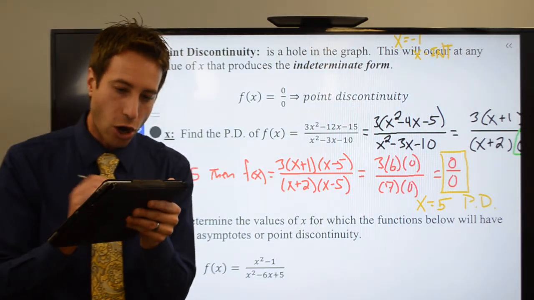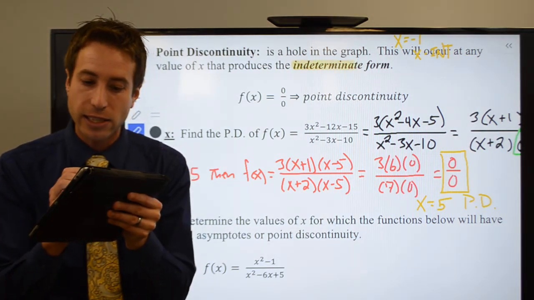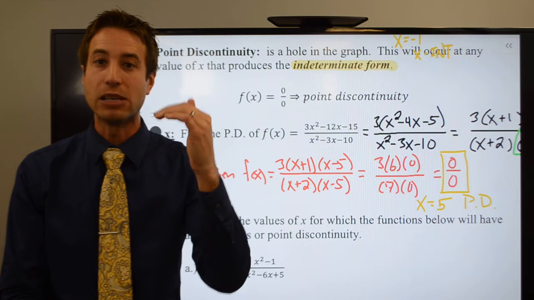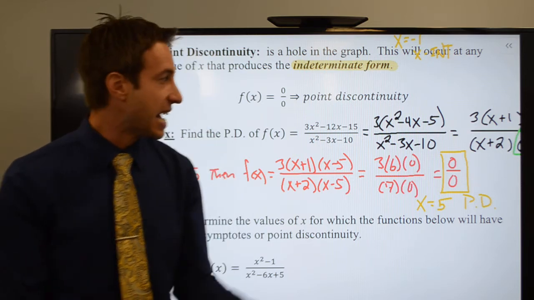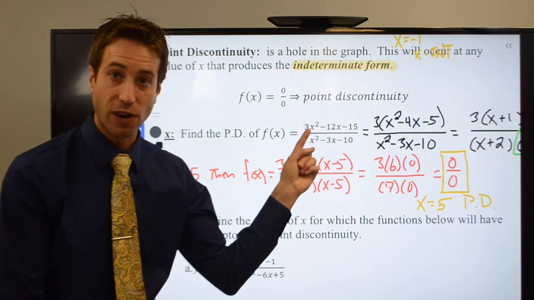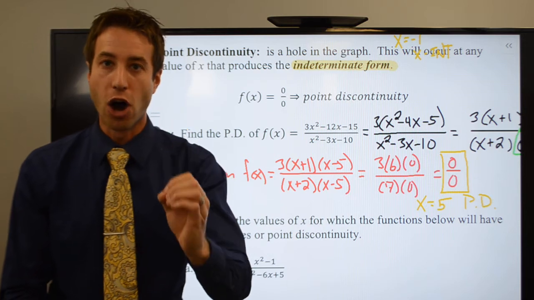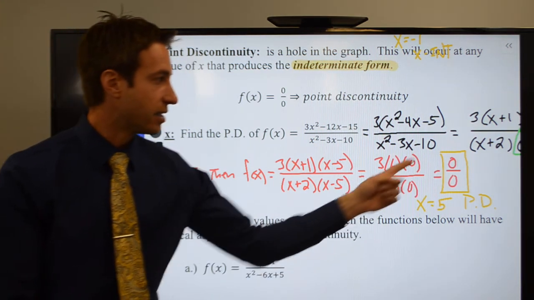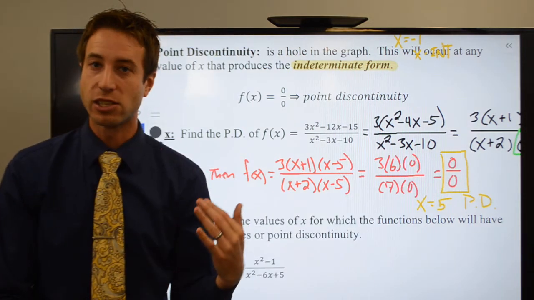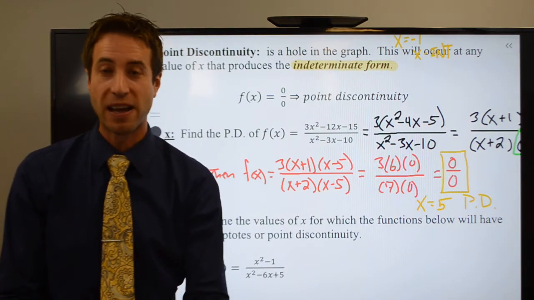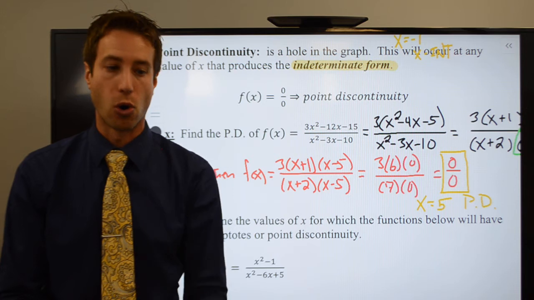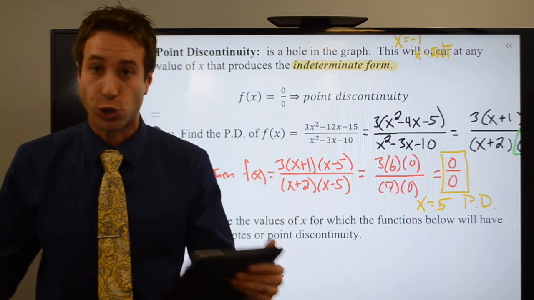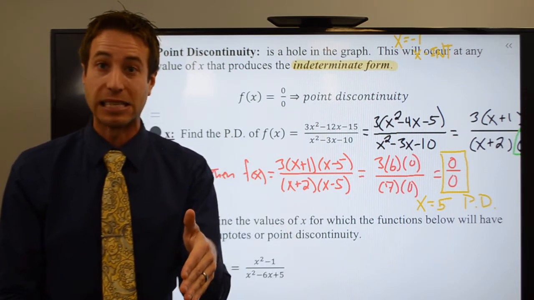And guys, what we call this is the indeterminate form, 0 over 0. What it means is this function does not exist when x is equal to 5. 0 over 0 does not exist, and on a graph, that will show up as a hole. Just the graph ceases to exist when x is equal to 5.